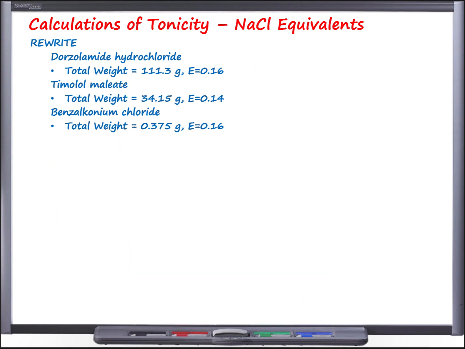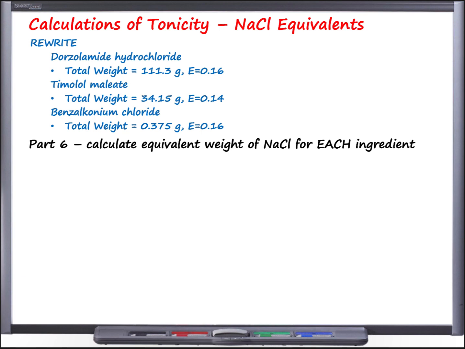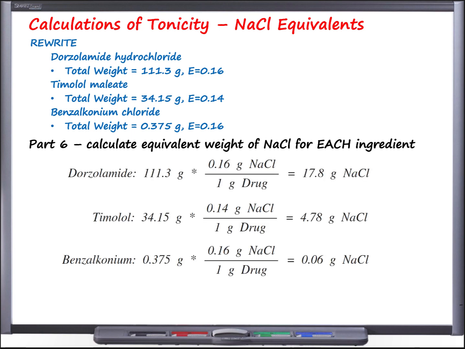Okay, so I've rewritten that information here on top. You can see the weights we need for each of our 3 active ingredients, as well as their E-value. Now we're finally ready to convert from the amount of drug that we really are going to have in there to the equivalent amount of sodium chloride in terms of the amount of tonicity the drugs would produce. To do that, we are going to use the E-values.